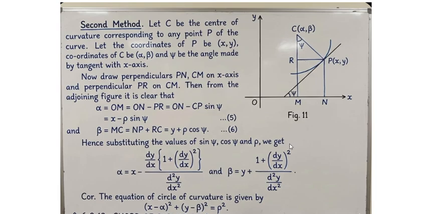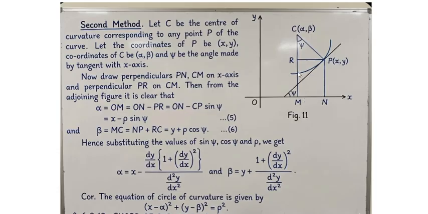Now we can easily find the center of curvature. What is the center of curvature? We can say that alpha is equal to the distance from O to P in Cartesian form, OM. OM can be written as ON minus MN.